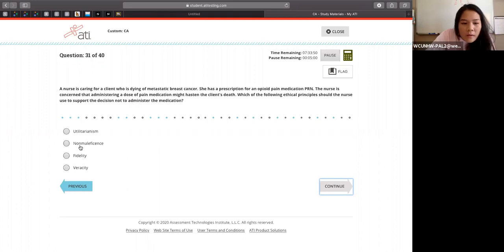Yeah. And then non-maleficence, it's like to do no harm. If you're going to give this medication, it's going to increase their chance of dying, and you want to do no harm by not giving the medication. So it's B. Mm-hmm.